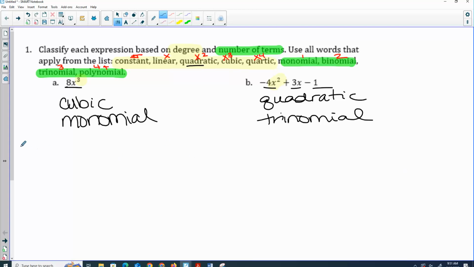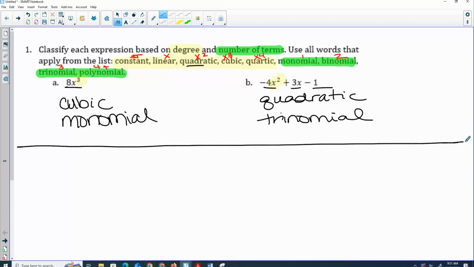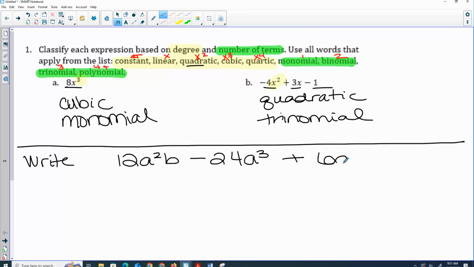There is one question after that I failed to put a review on, so I'm going to add a question up here. If I ask you to write, let's say 12a squared b minus 24a cubed plus 6ab squared plus b to the fourth in standard form.